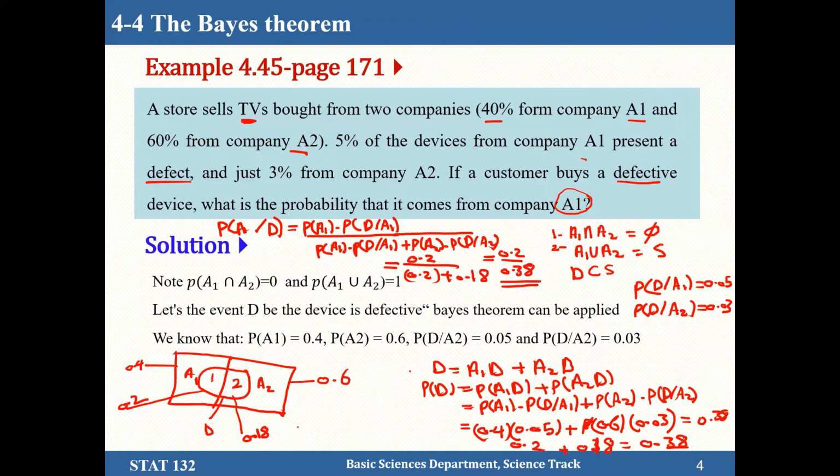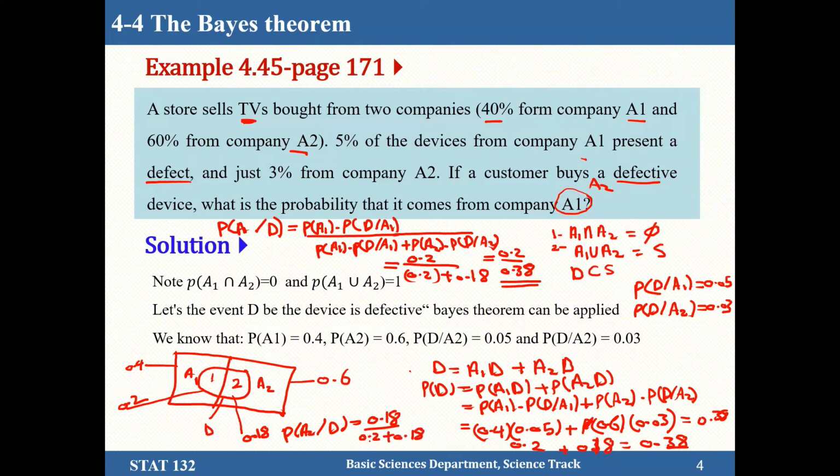Similarly, if they ask what is the probability a defective device comes from A2, for example, then instead of 0.02, we write 0.018. P of A2 given D will be 0.018 over 0.02 plus 0.018.